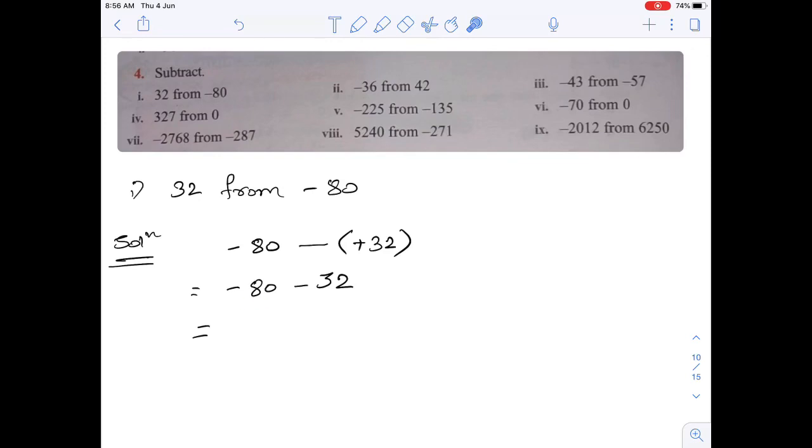Now 80 and 32 both have a negative sign. Whenever two numbers have the same sign, we do addition of numbers. So 80 plus 32 is 112. Now the sign of the greater number: it is minus, so we will write minus here.